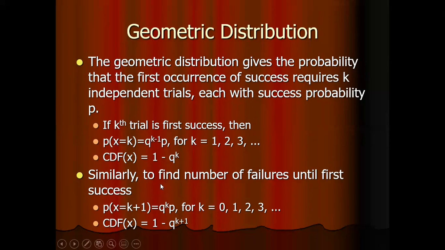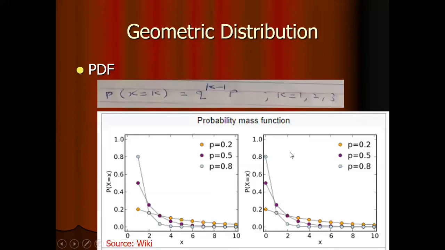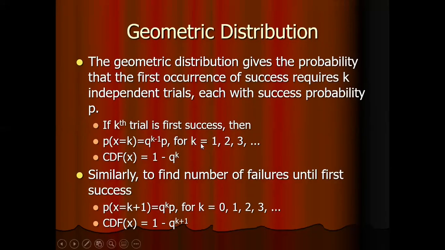If we are interested in number of failures until first success, then there is slight modification in the probability density function and cumulative density function, and in both these scenarios there is geometric distribution. So these are two geometric distributions. In one geometric distribution, k is from 1 onwards, and in another k is from 0 onwards.